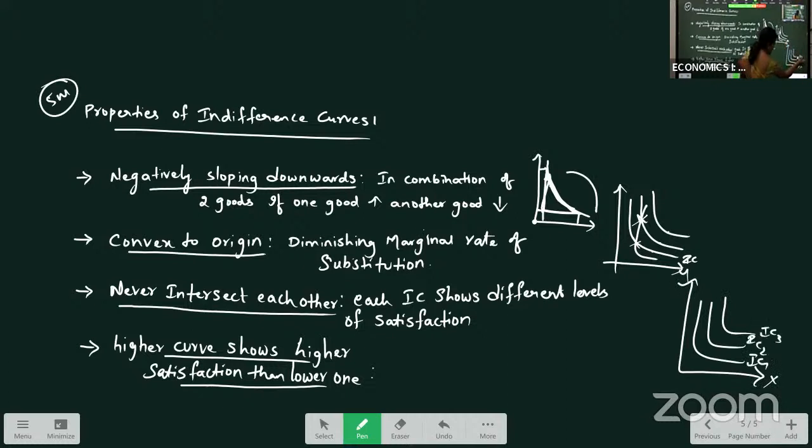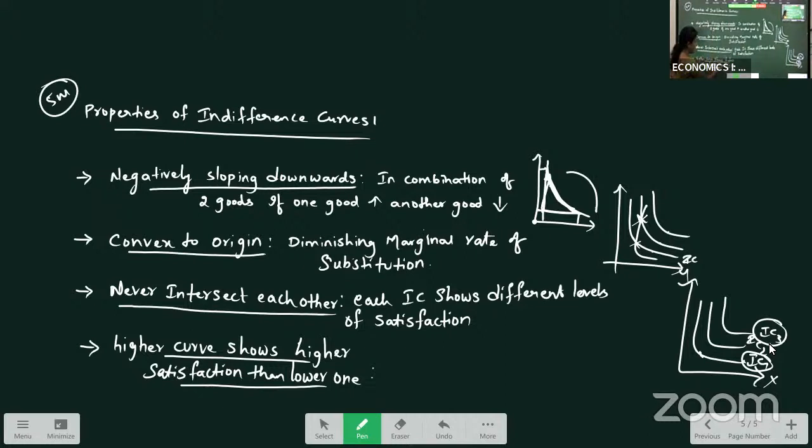In this, I say IC3 gives me more satisfaction compared to IC1. Why? Because in the lower curve, the quantity I am taking is less, right? Less quantity I am taking over here. Whereas in IC3, I am taking more quantity. That is the reason IC3 gives me higher satisfaction.